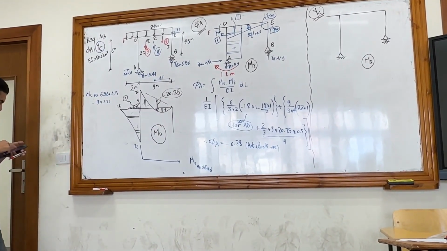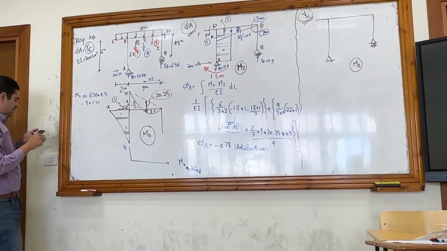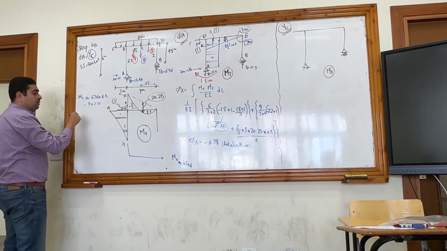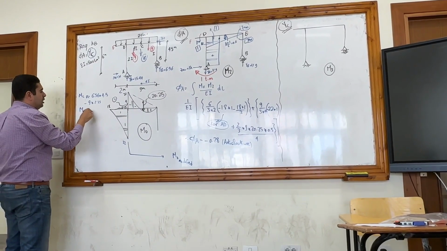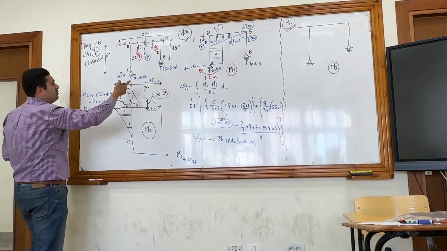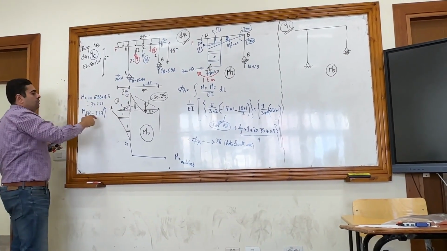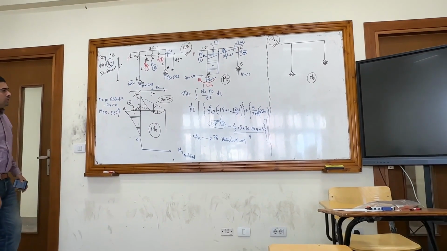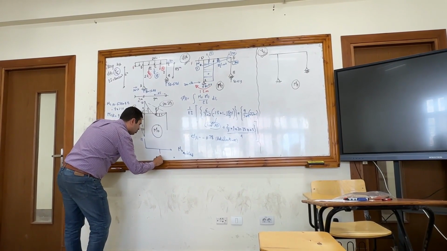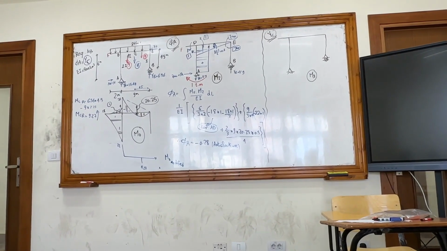So MC right here will be equal to, I think, 9.27. 9.27. And since the 6.56 times 4.5 is the biggest, the tail will be downward. So the moment here is 9.27 downwards.